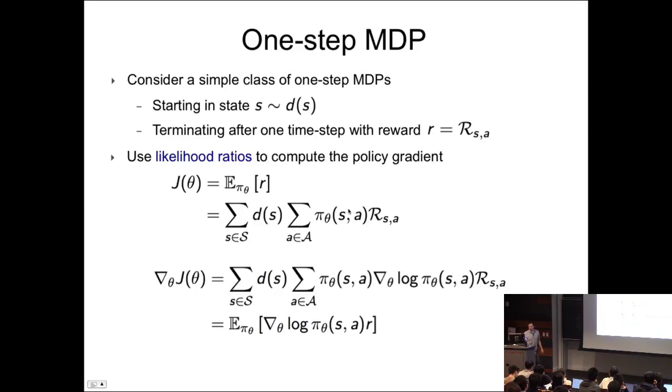And 1 over pi and pi cancel out, and so you have the gradient of this guy. Right? But now I can write it in this format. I can say it's an expectation of the gradient of the log of the policy times the reward. Right? Because if I just take the expectations, that's what I'm getting.